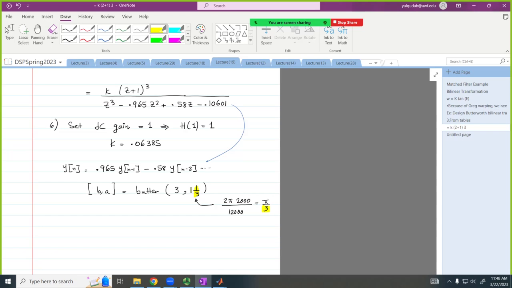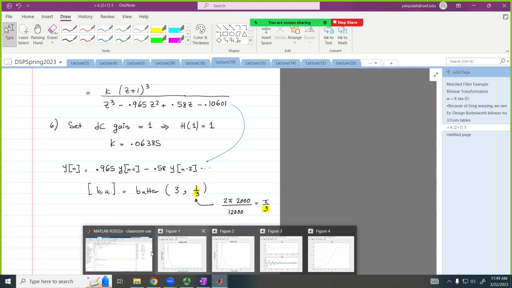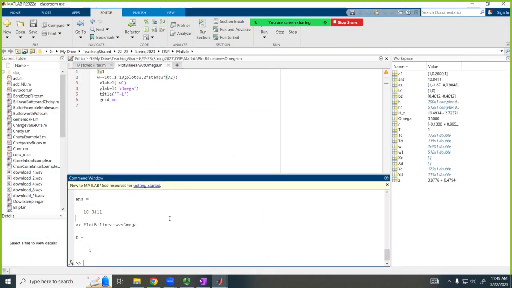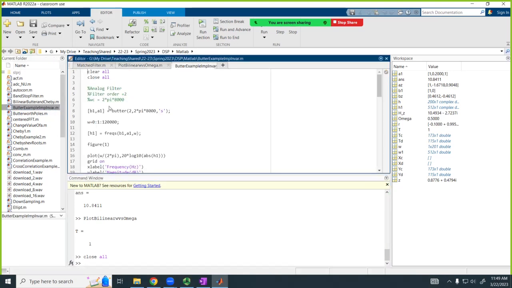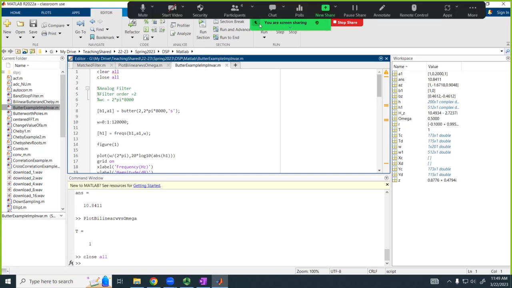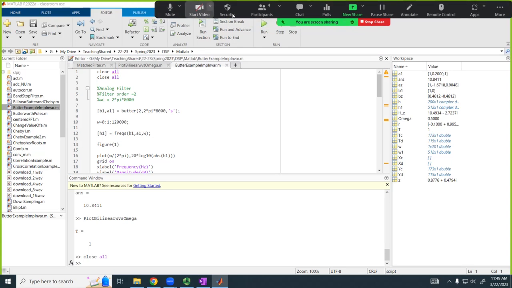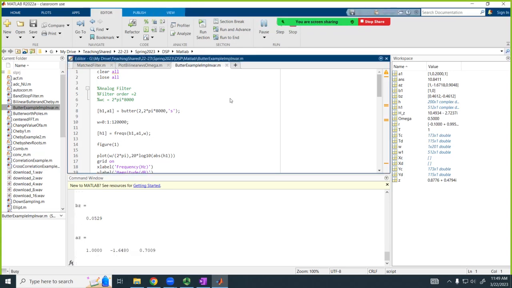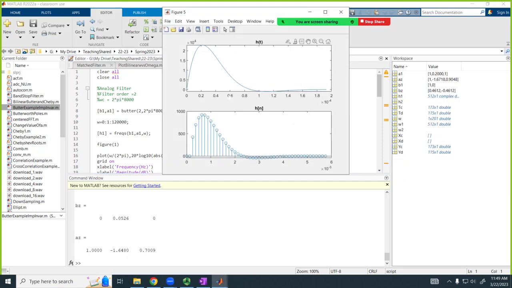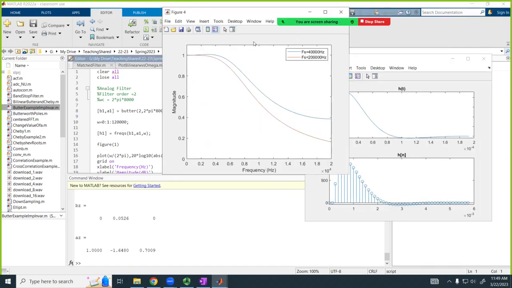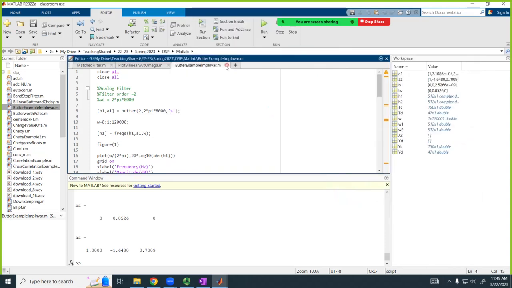Okay. So let's run this impulse invariance, and then we're going to see what we can do to make this transformation easier. Oh, sorry, I ran the wrong one.